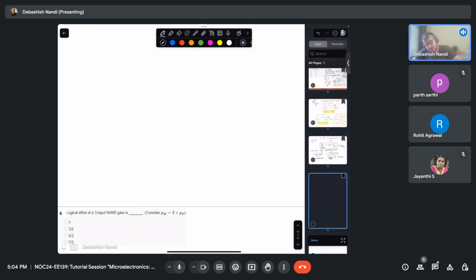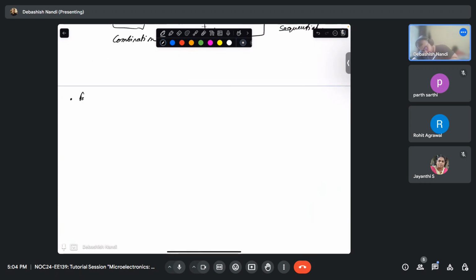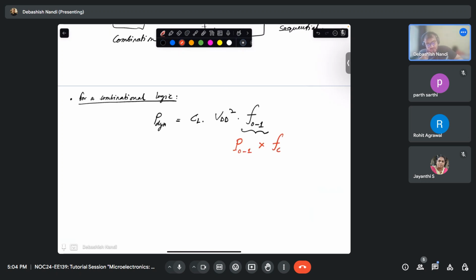So coming back to the point, for a combinational logic, your P dynamic is defined as CL VDD square times f of 0 to 1. It is changed to P of 0 to 1 times f of clock.